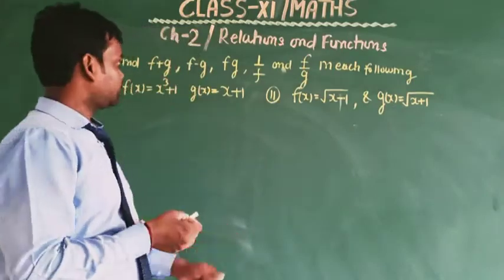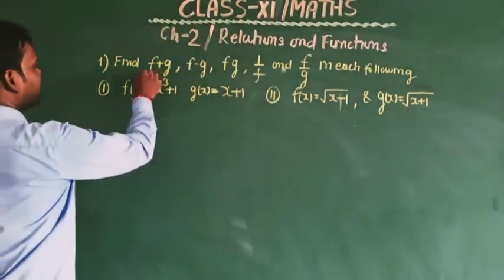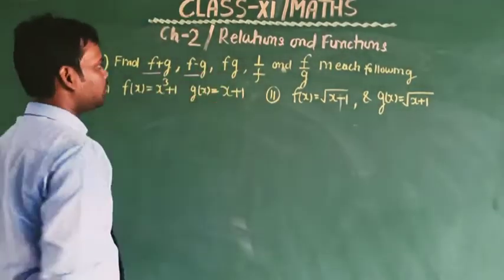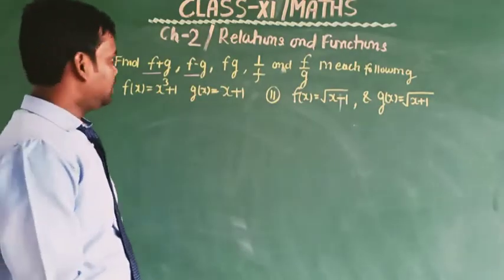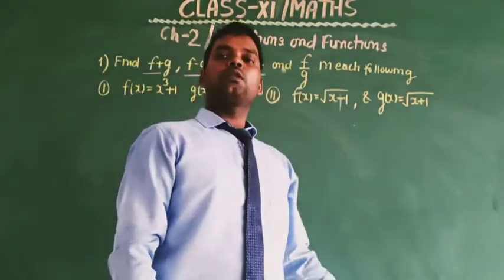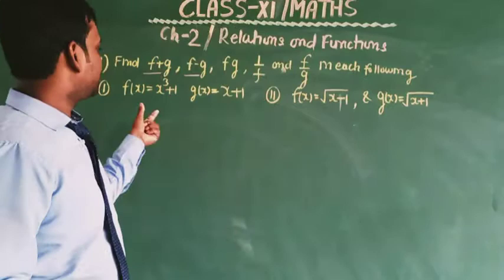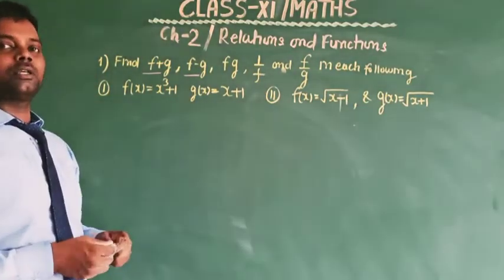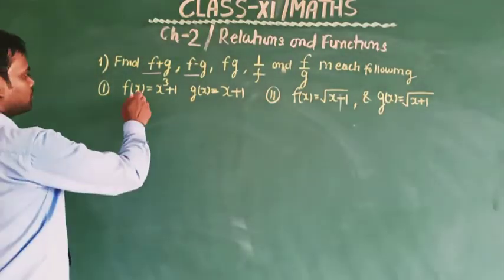So, to find f plus g, f minus g, f g, 1 upon f and f by g, first find the domain of the given functions.